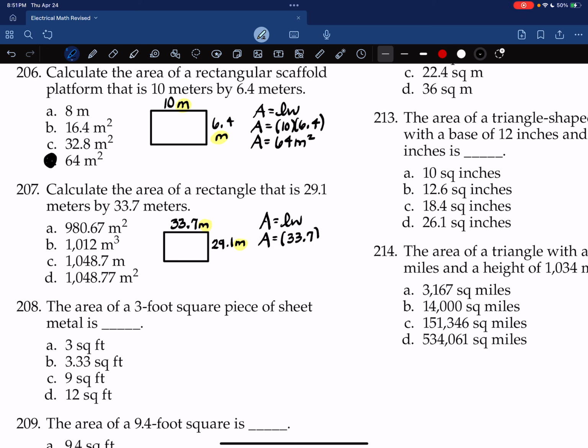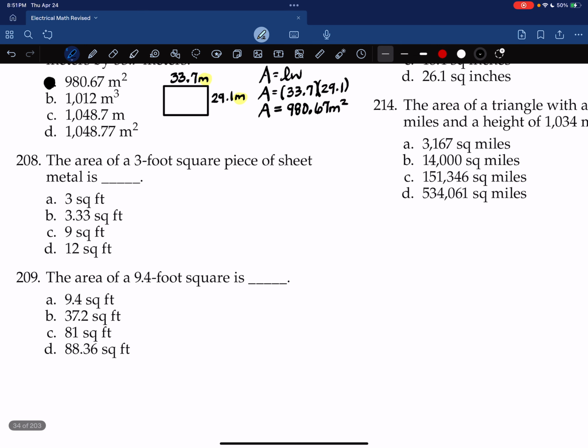The area of a 3-foot square piece of sheet metal is blank. So let's look at this thing. And we know it's a square, so we know that all of the sides are congruent. They're all equal. They're 3 by 3 by 3 by 3.